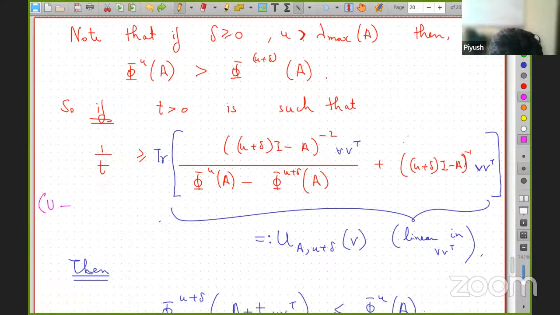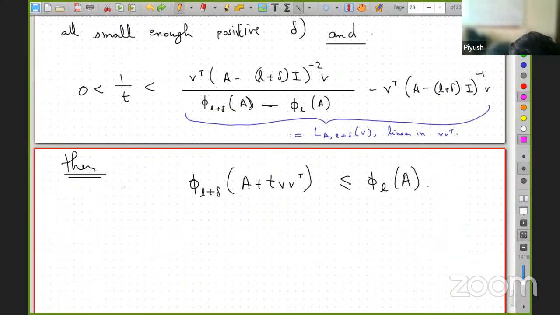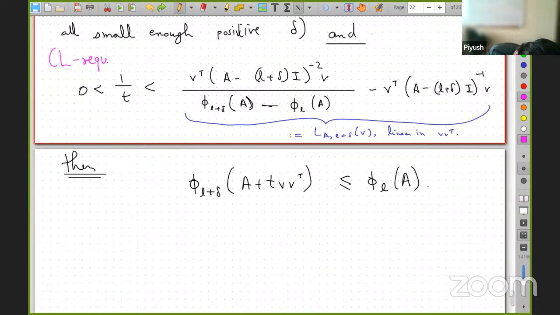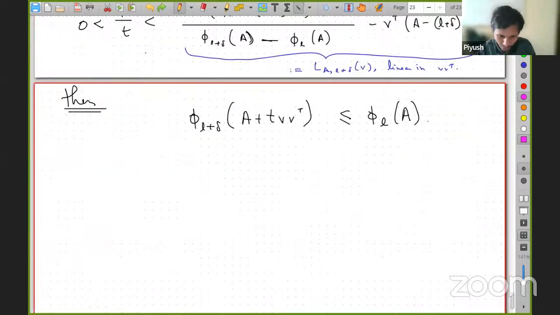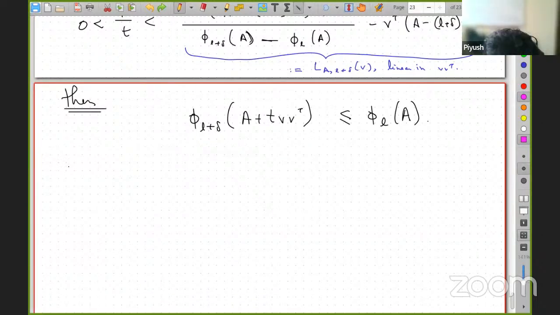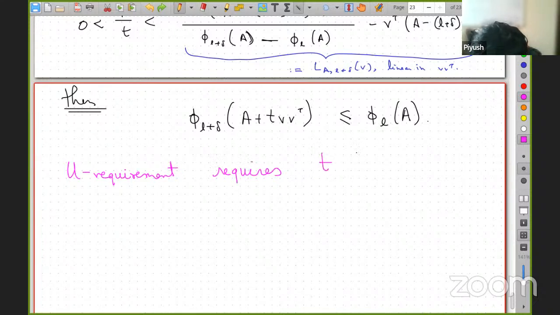U requirement and L requirement. And the point is that these two are conflicting. U requirement requires T to be small.